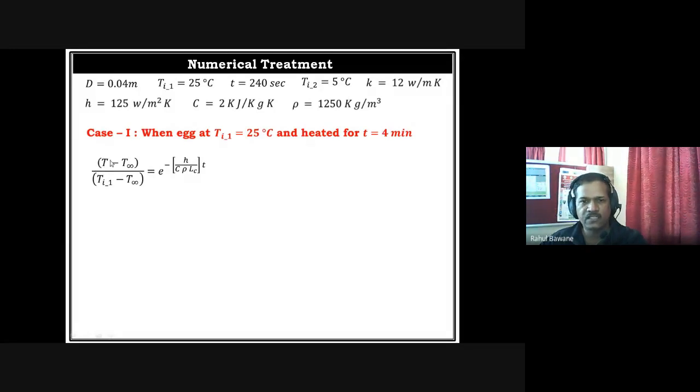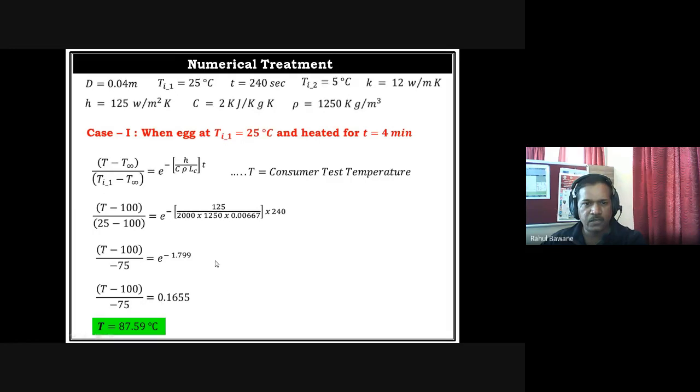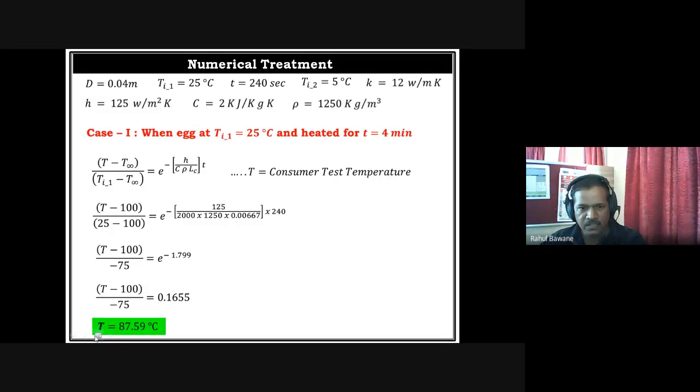So put the values, all numerical values we know. After calculating, we come to the conclusion that the consumer's preferred taste temperature is 87.59 degrees centigrade. So 25 degrees centigrade eggs, when heated for 4 minutes, reach 87.59 degrees centigrade, and this temperature of egg is preferred by that particular consumer.